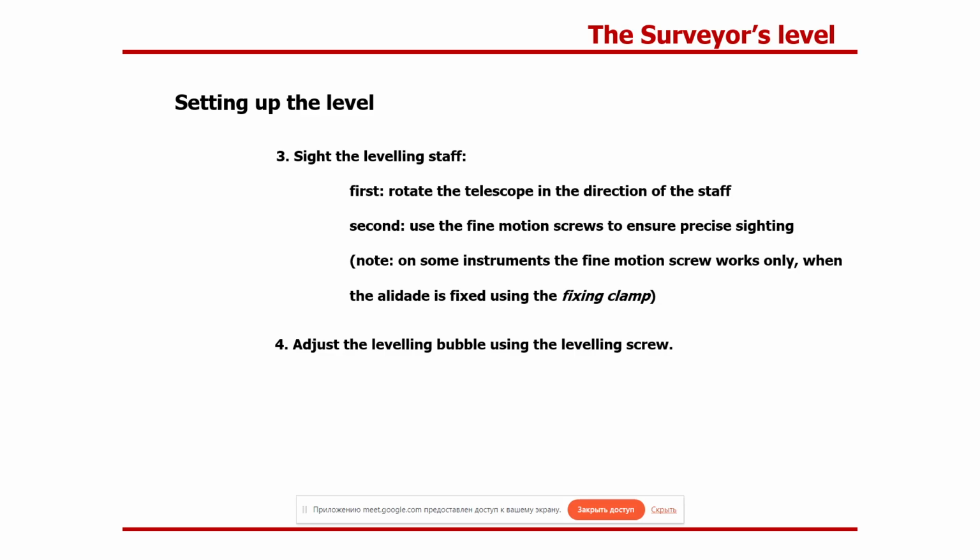First, rotate the telescope in the direction of the staff. Second, use the fine motion screws to ensure precise sighting. On some instruments, the fine motion screw works only when the alidade is fixed. The next step, adjust the leveling bubble using the leveling screw.